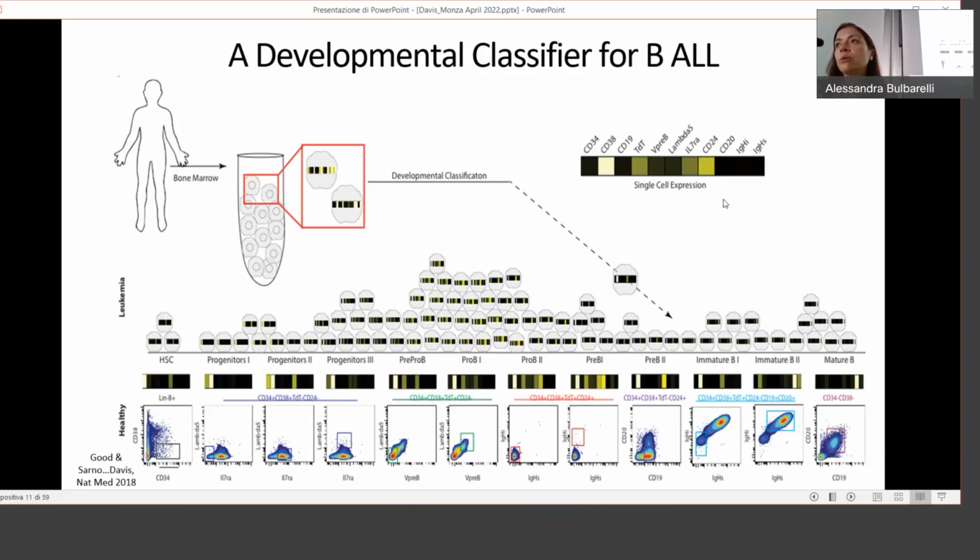We said, we want to know what's the expression of these 11 proteins in each one of these populations. And then we used that to take every leukemia cell, and we did this in 60 samples. Most of them were from here, actually. And we matched every leukemia cell to its most similar healthy population. And that was about 600,000 cells per patient. So we had a lot of data from every single patient.